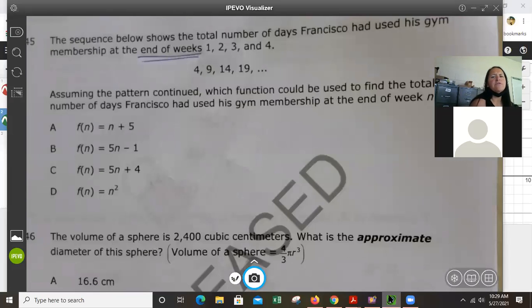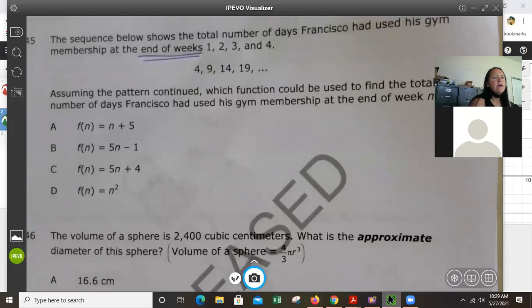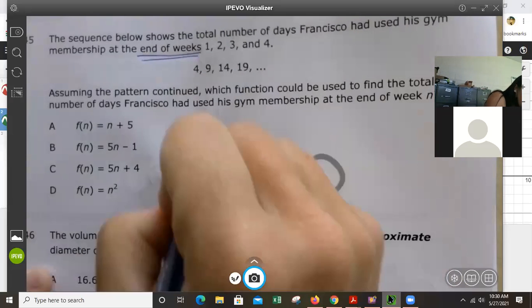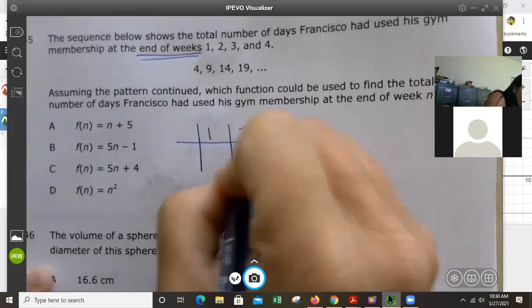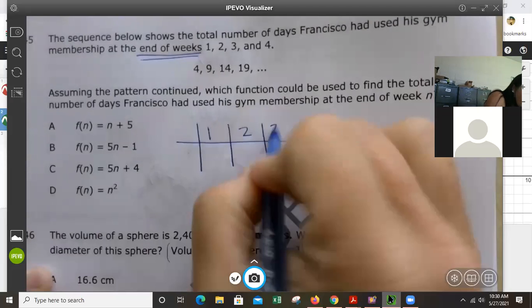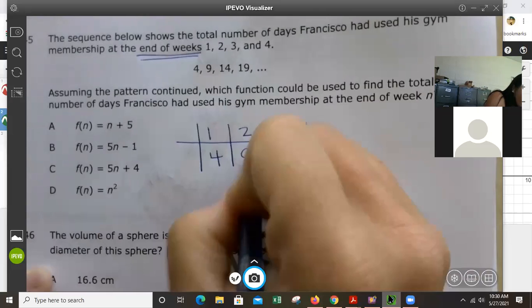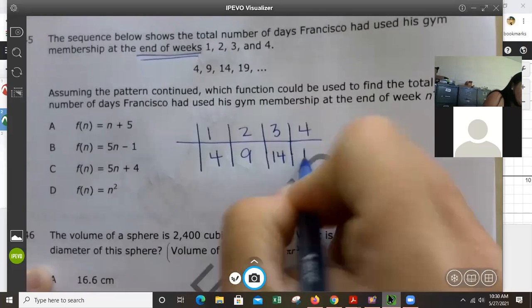Assuming the pattern continued, which function could be used to find the total number of days Francisco had used his gym membership at the end of the week? So this is what you have, guys. End of week 1, 2, 3, 4 is 4, 9, 14, 19. What's happening each time?